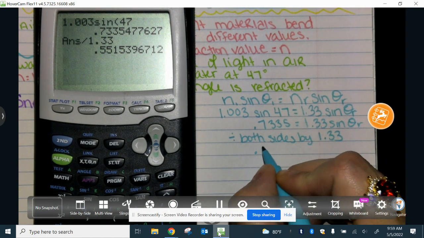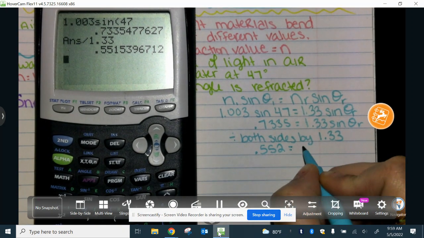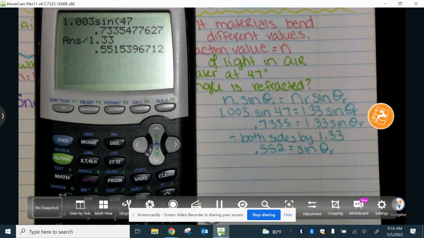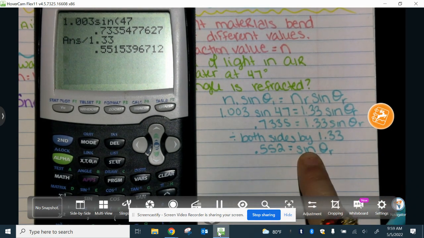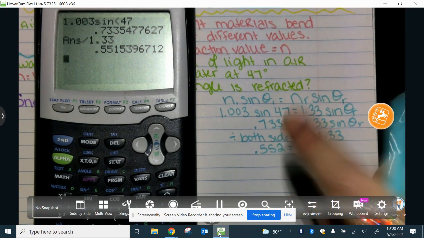Now I have 0.552-ish equals the sine of that angle. But I want theta by itself, so I need to use the inverse of sine to get rid of that sine.